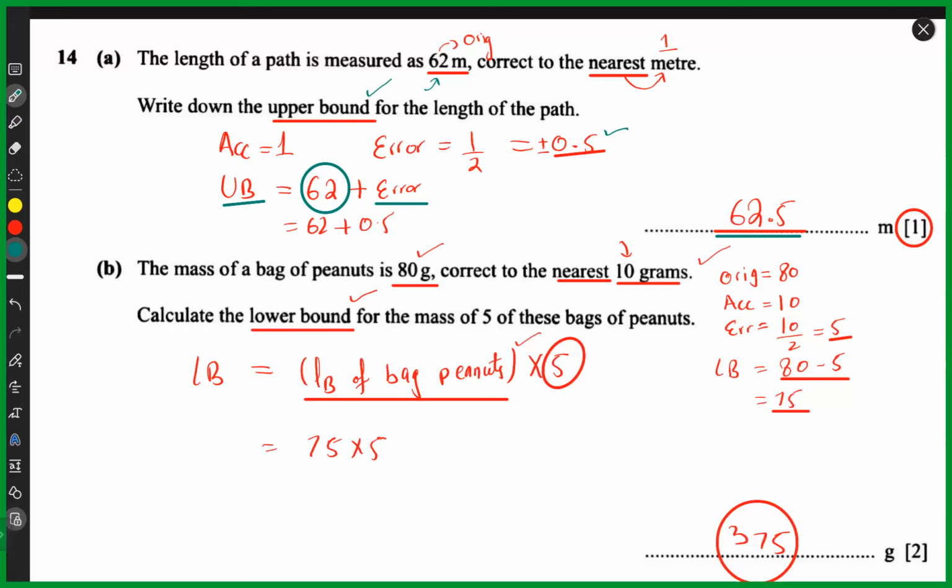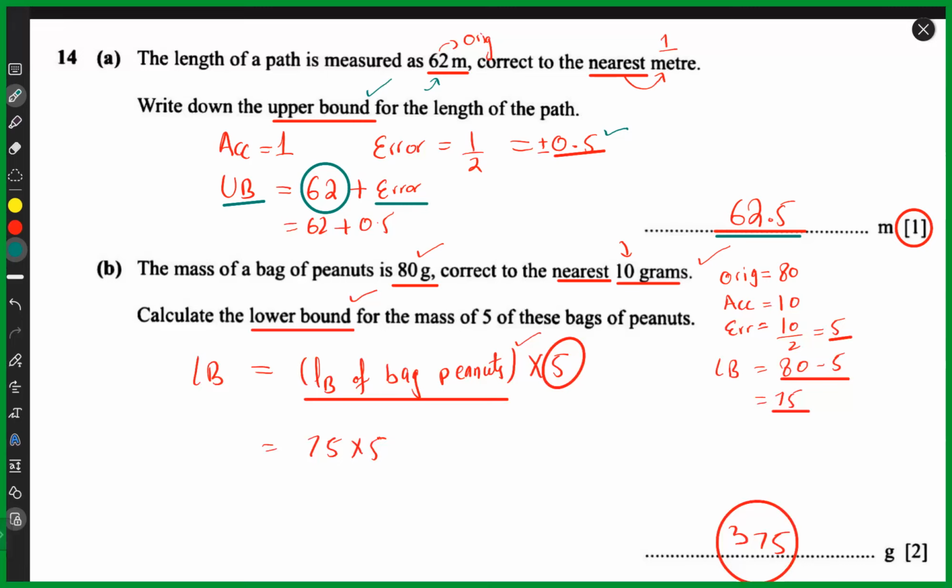Okay, so upper bound and lower bound is just this. You're not supposed to round off anything. You're just supposed to find out the maximum or the minimum possible values by adding or subtracting the error. That is it. Once you got 62.5, that was the answer. You're not supposed to round it off, and 62.5 would not give you 62.3. Are you getting this thing?